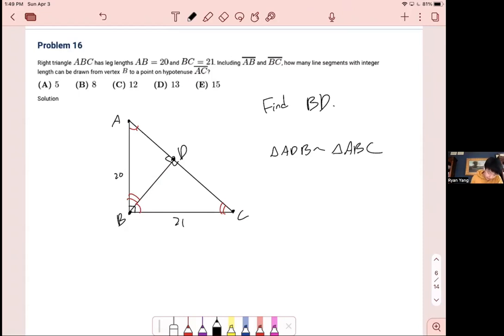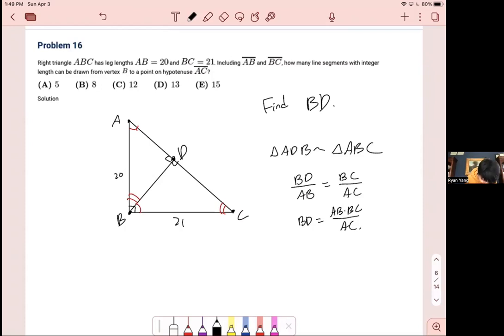We want BD, and we have AB, so BD over AB is equal to BC over AC, so BD equals AB times BC over AC. Nice and symmetric.